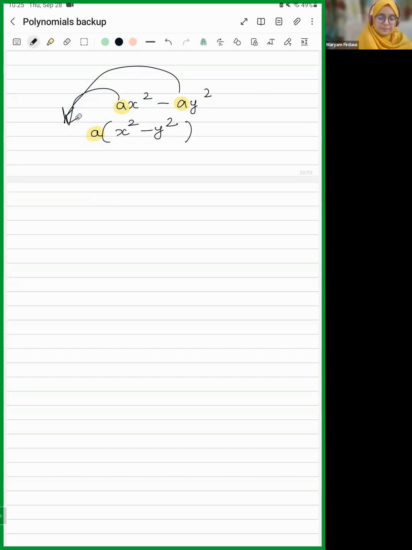All right. Is this clear? Yes, ma'am. So let's say similarly you have 3ax square minus 2ax. Now from here you are taking a outside. Just imagine you are taking a outside.